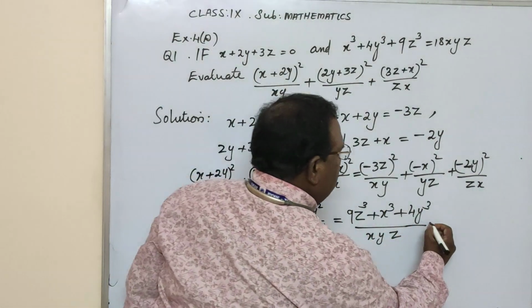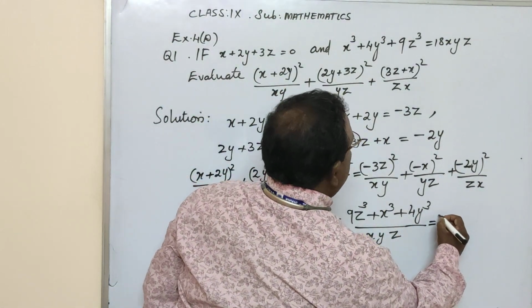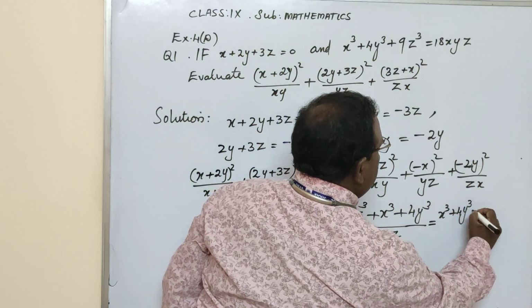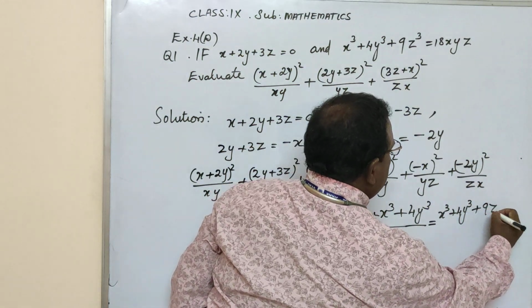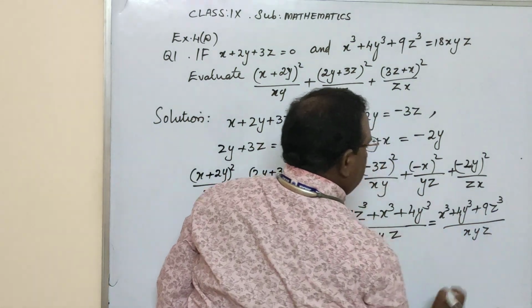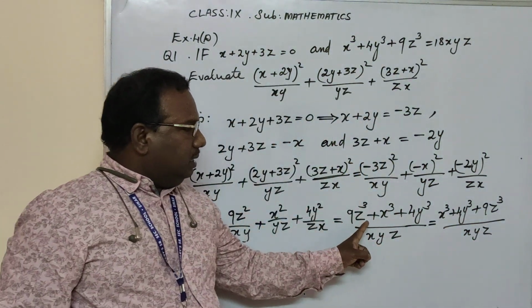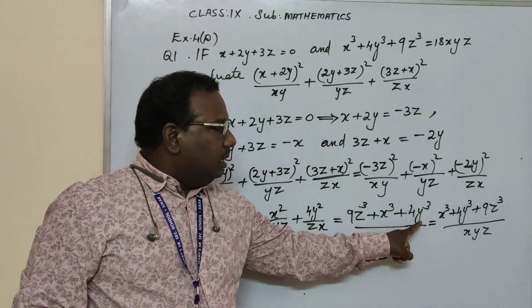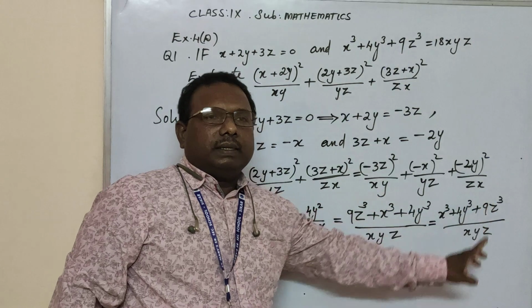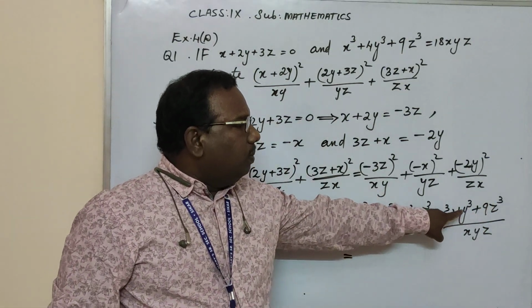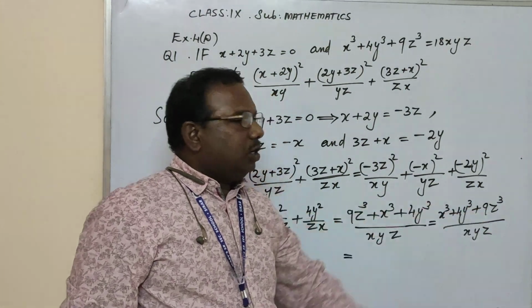If we can write once more this line, x cube plus 4y cube plus 9z cube divided by xyz. We are rearranging the terms. X term is written first, then Y term, then Z term. So that we get x cube plus 4y cube plus 9z cube.